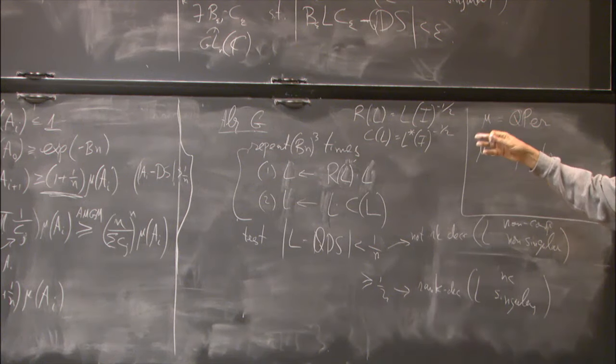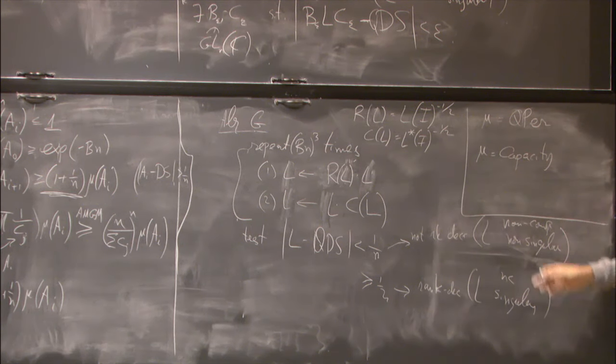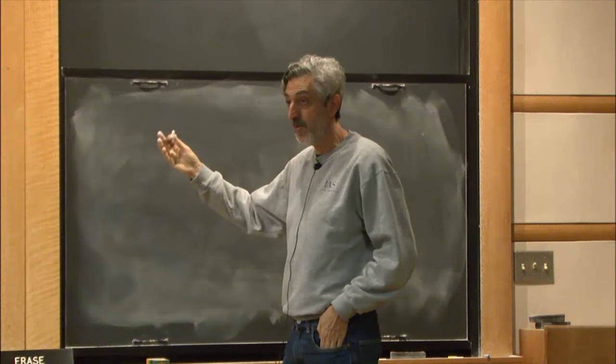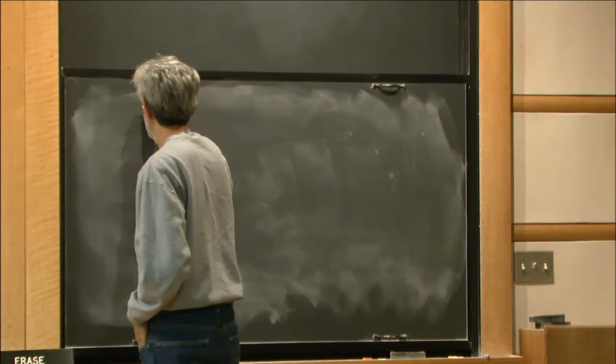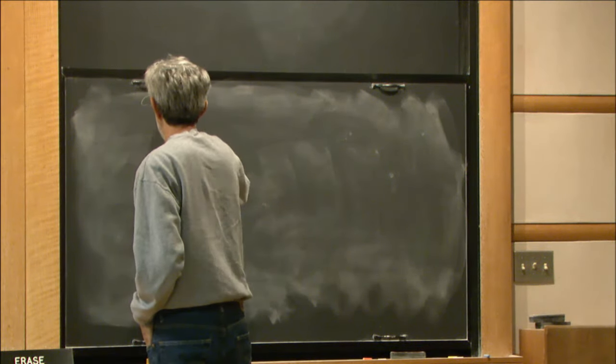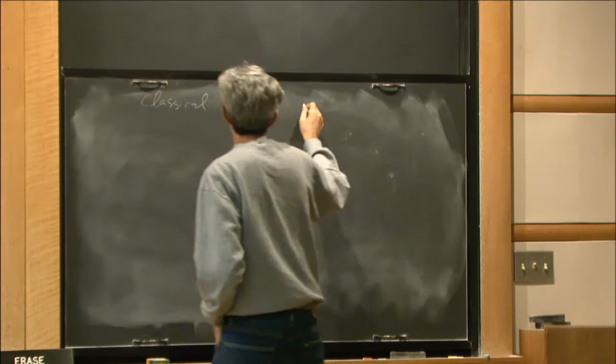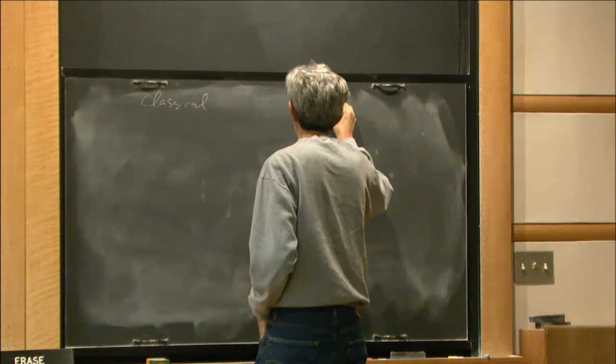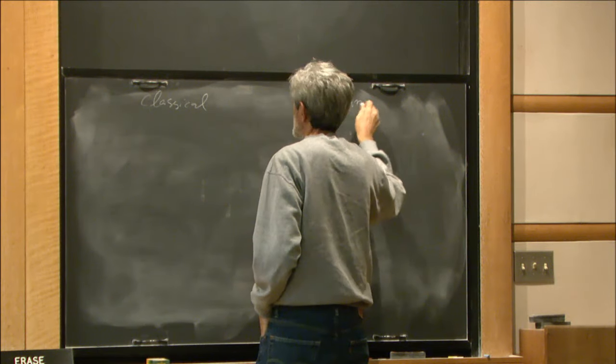It was permanent there, it will be either quantum permanent or so. But let me just tell you the connection in the classical and quantum case for the permanent. So here is the classical, and here the quantum, or really the non-commutative.